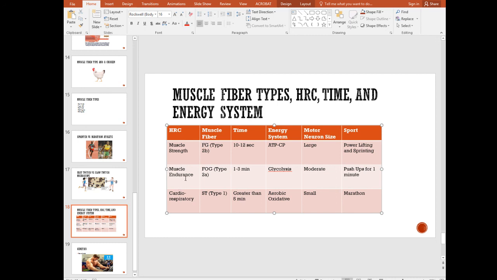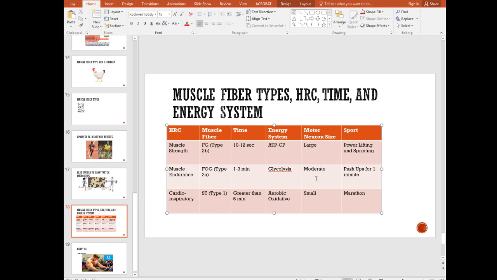Muscle endurance. So this is fast-twitch oxidative glycolytic. This is me. So events that last around 1 to 3 minutes, anywhere from 1 to really 5 minutes, right before the aerobic system really starts to kick in to supply our energy needs. Glycolysis is generating our ATP. So you have a moderate sized motor neuron, so you're getting those neural impulses to the muscles fairly quickly.